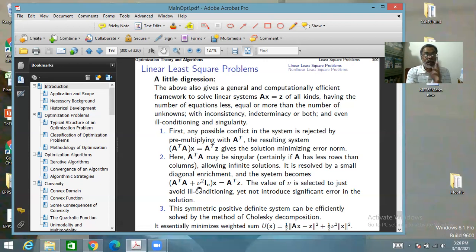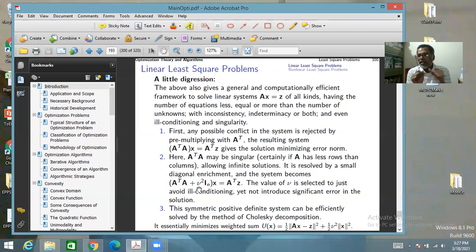So just add that, but make it small, not too large. Because this nu will actually introduce a little amount of error in the final solution, and you have to keep nu so small that the error introduced is insignificant.